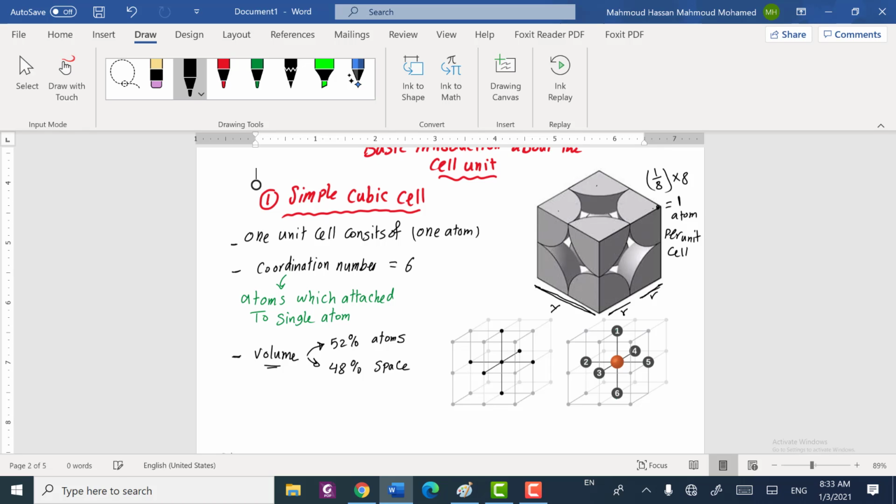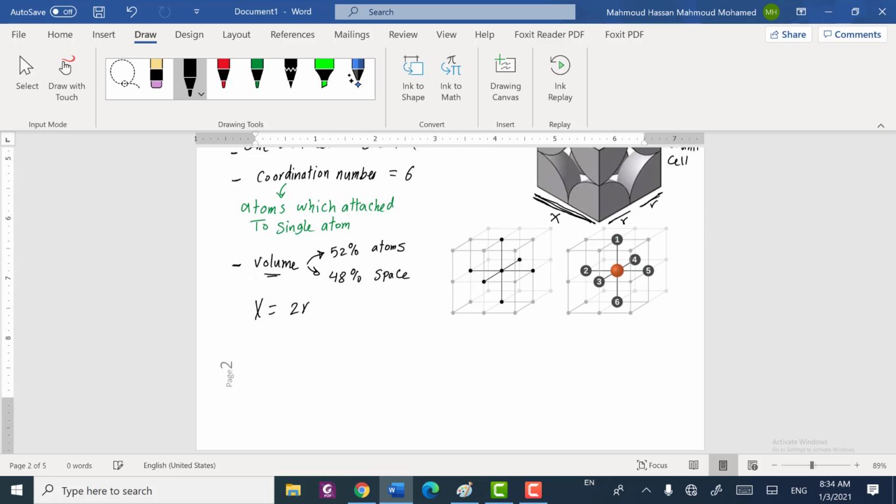Let's represent it by X. X represents the 2R, it means the diameter of the side. So as we said, the edge length X represents the 2R.